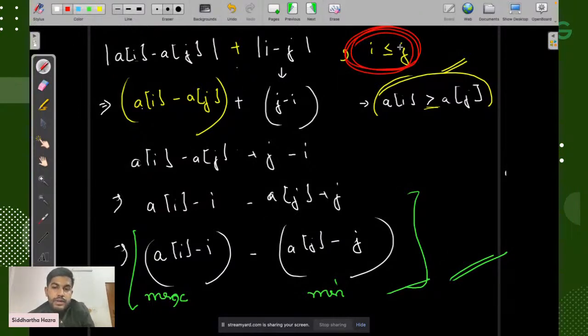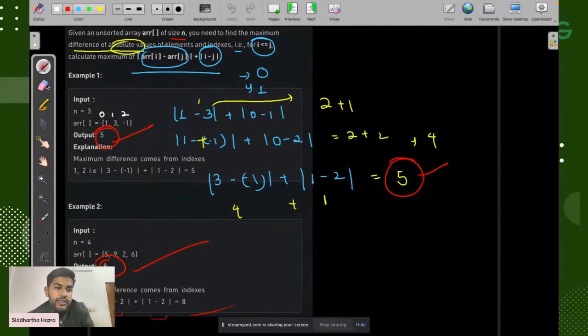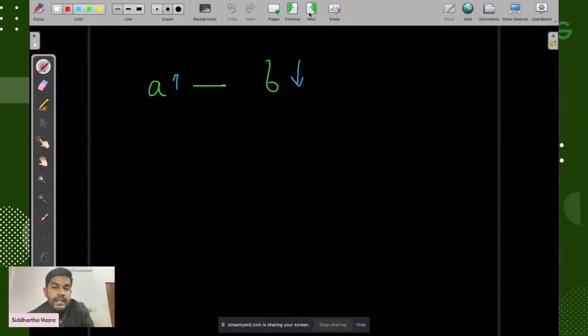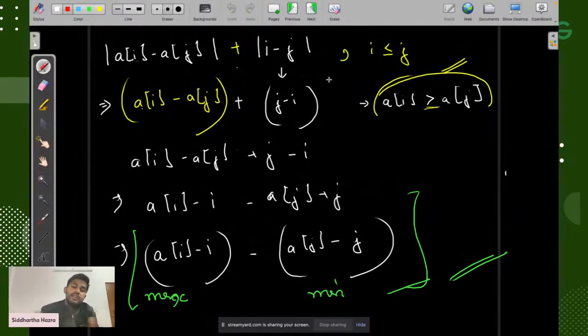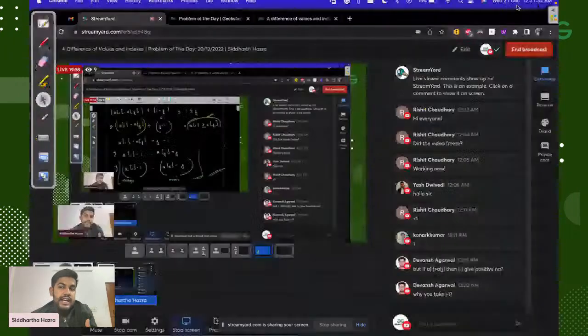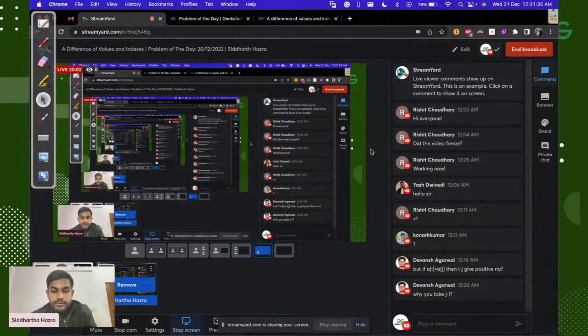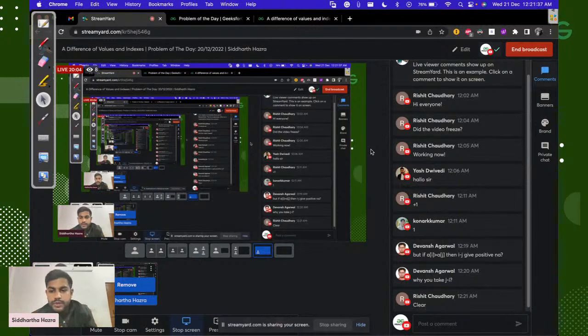It is mentioned in the question itself; if you look closely, it is mentioned at this point only. So if we know that j would always be greater than or equal to i, then we can simply subtract j minus i. Large value minus small value would definitely give me a positive value. This is what I want to convey, and that is why large value minus small value.